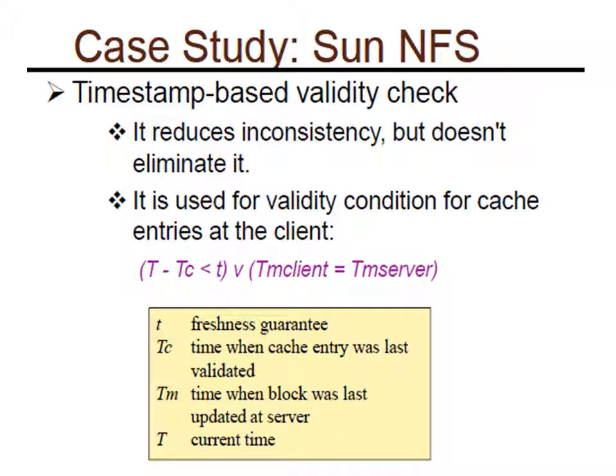It is used as the validity condition for cache entries at the client: (T - TC < t) or (TM client = TM server), where small t is the freshness guarantee, capital TC is the time when the cache entry was last validated, capital TM is the time when the block was last updated at the server, and capital T is the current time.